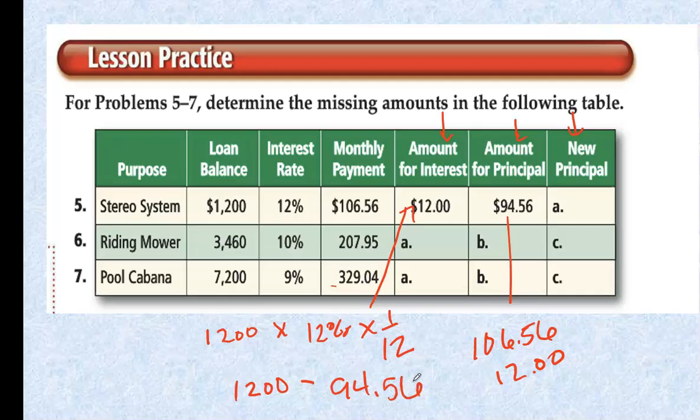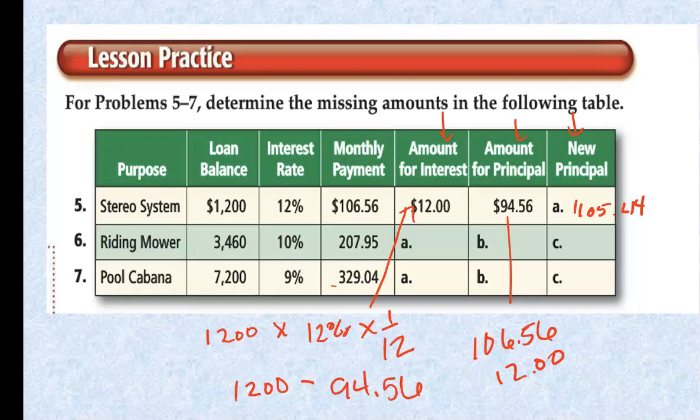And you should get $1,105.44. So I took this, subtract that, and I get $1,105.44. So that's how you do the first one.